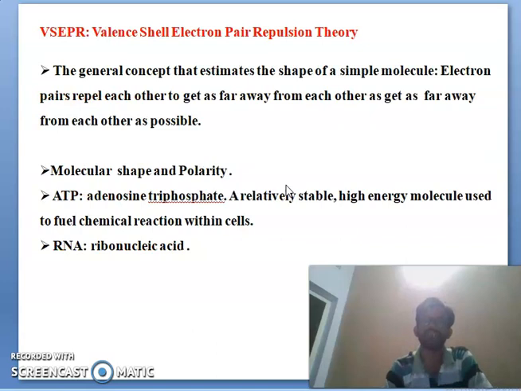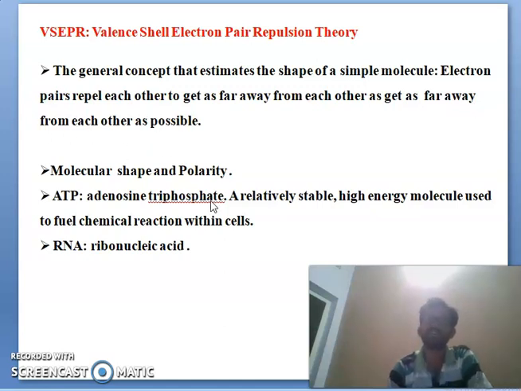Next one, what is VSEPR, like atomic structure. One of the theories is valence shell electron pair repulsion theory, VSEPR. The general concept is to estimate the shape of simple molecules: electron pairs repel each other to get as far away from each other as possible.